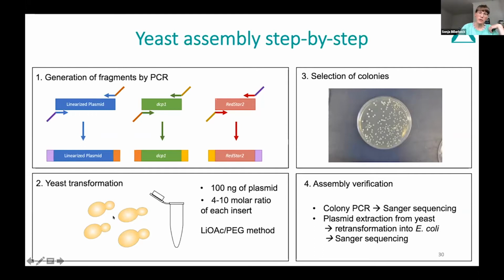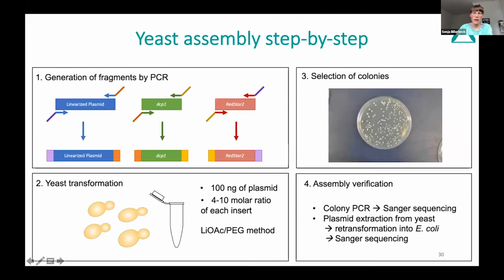And all you need to do is mix the yeast cells, mix the components of this method, and then 100 nanograms of your amplified plasmid, and then 4 to 10 molar ratios of each insert. You mix that all together, and then you follow the protocol, and you plate your cells, and you select for colonies on the appropriate selective media, depending on the shuttle vector you're using. And after 2 to 3 days, you have colonies growing on your plate.